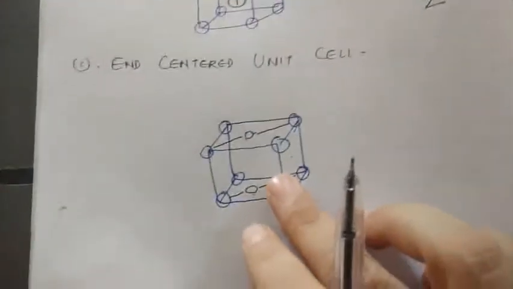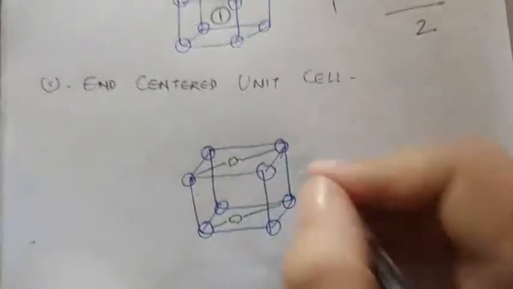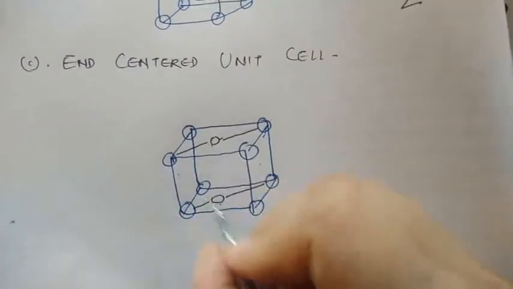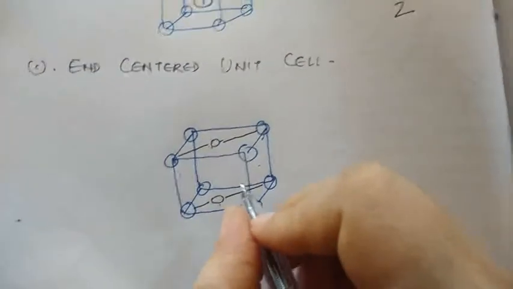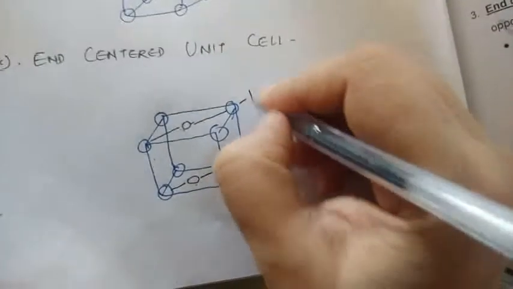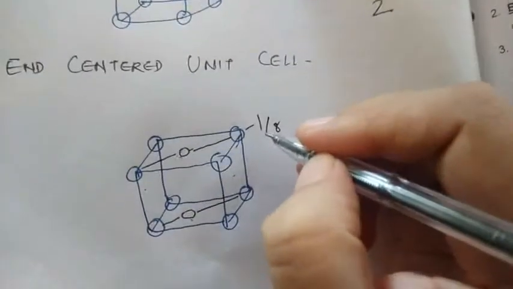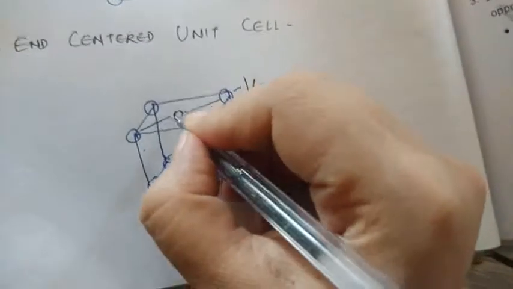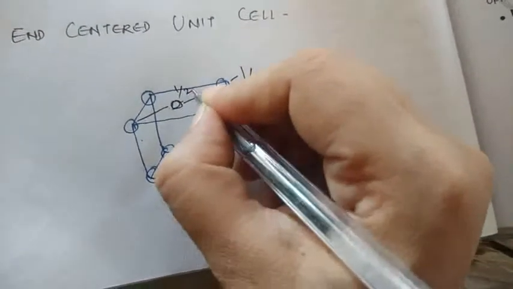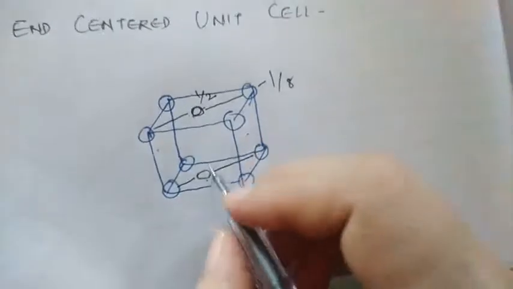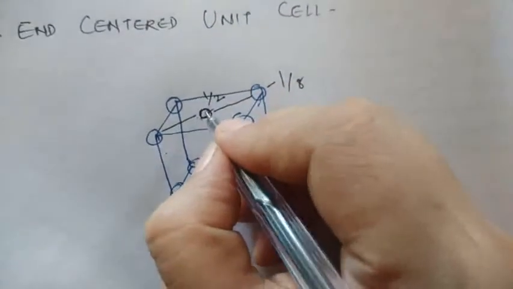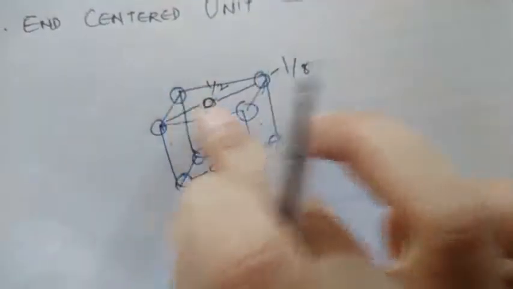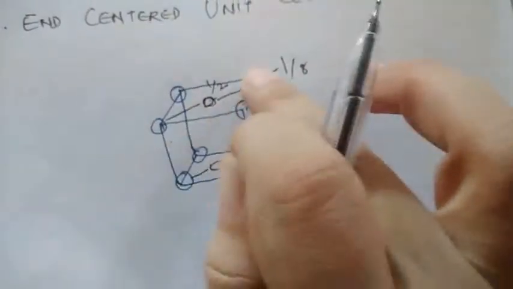This one is not in the syllabus. But if we calculate for this, it is also very easy. The contribution of the corner ones is 1 upon 8. And at the faces, they will contribute half. Right? Because this atom is half in this face and the other half will be in the cube which will be kept on this surface.